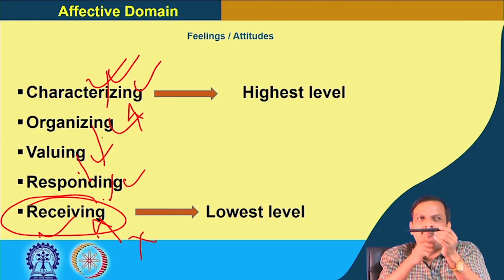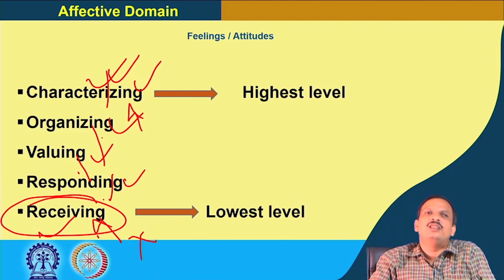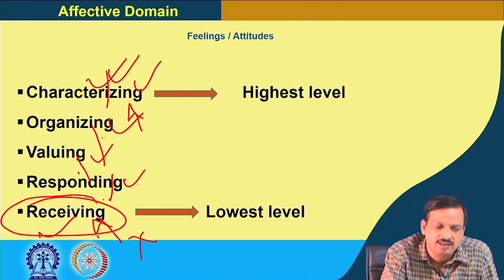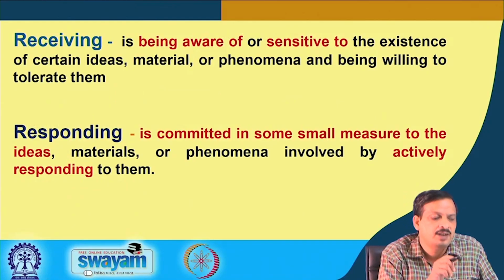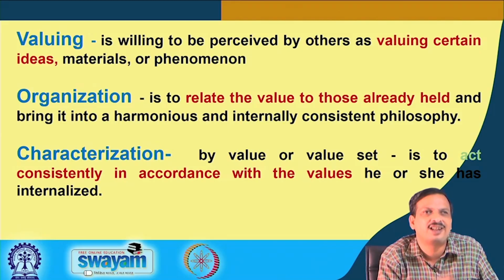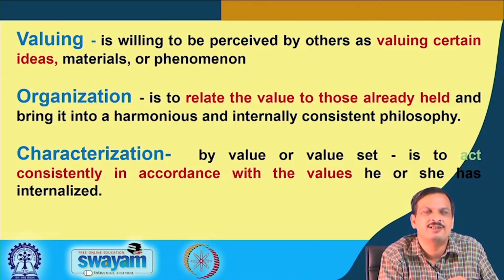First you receive the information, then you respond to it, and then you try to analyze every part and develop your valuing, and then organize all the values, and then characterize it as inherent in you. So, the highest level is characterizing. Receiving, responding, valuing, organizing, characterizing. I am not reading the slides, I have explained it. Okay? Thank you.